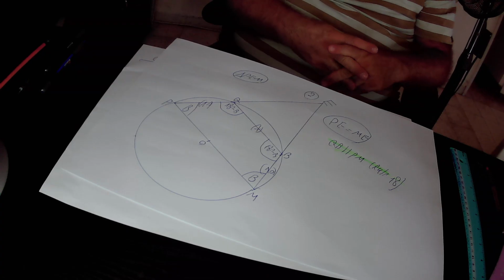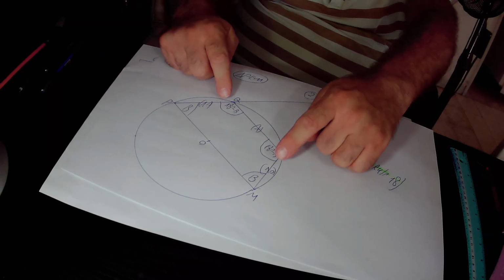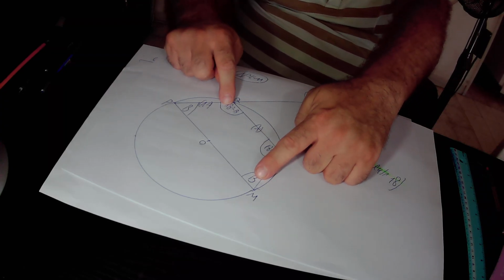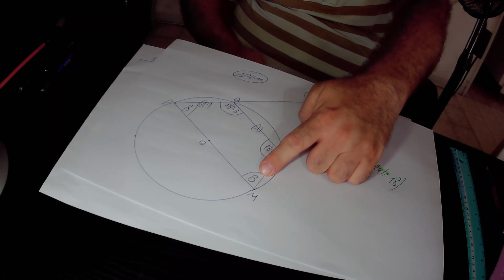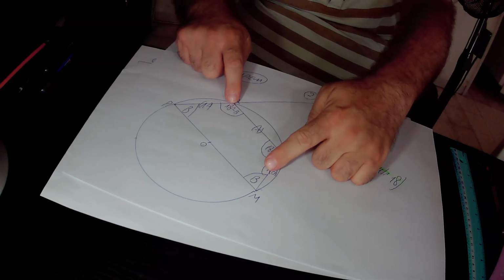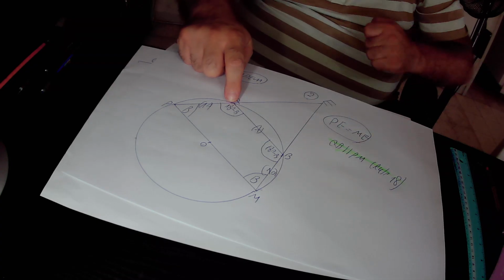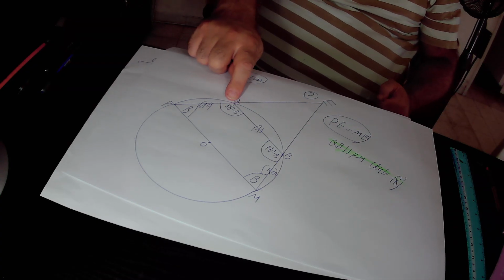That is to say, in this quadrangle QPMB inscribed in this circle, the sum of those two opposite angles must be equal to 180 degrees. But this angle equals beta. So beta plus this missing angle must be equal to 180 degrees according to the rule that I mentioned. Therefore, this missing angle must be equal to 180 degrees minus beta.